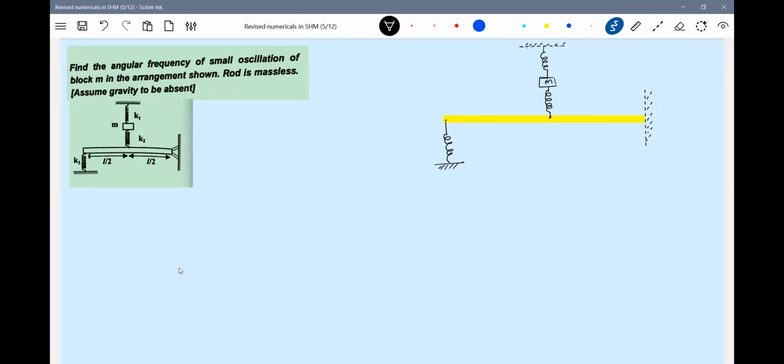Now the block is slightly displaced and released. It asks to find the time period of oscillations of the system. We have three springs, K1, K2, K3.